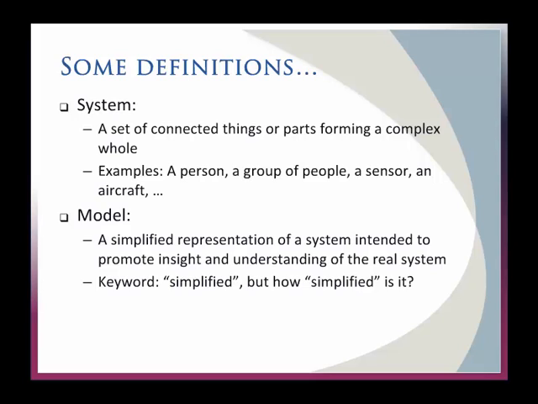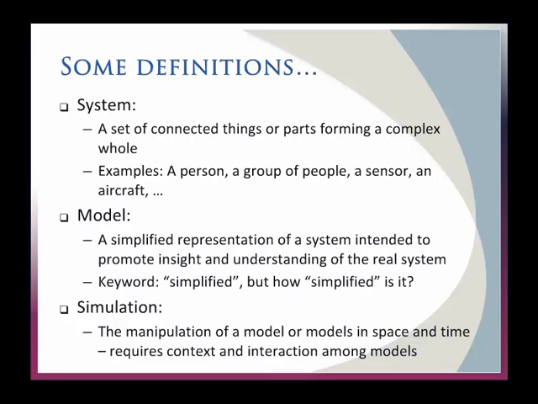So one of the questions that we are always grappling with in modeling and simulation is, how simplified is it? This actually gets to the VV&A, or the verification and validation problem of how do we know that the thing that we're modeling actually represents the piece of reality that we need in order to promote insight and understanding of a real system. That's one of our conundrums in modeling and simulation.